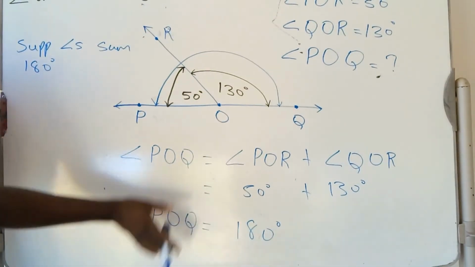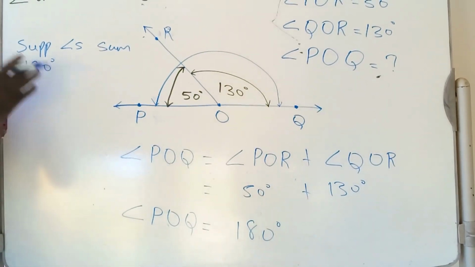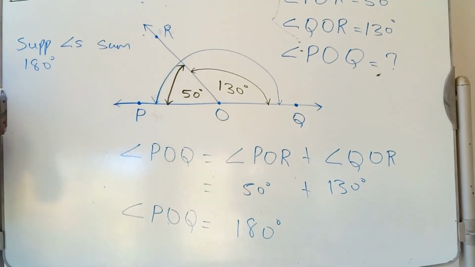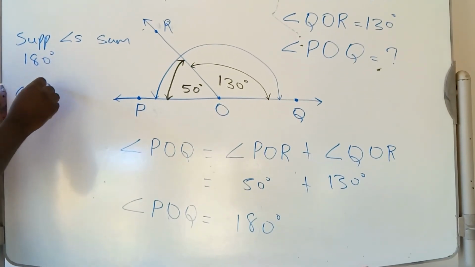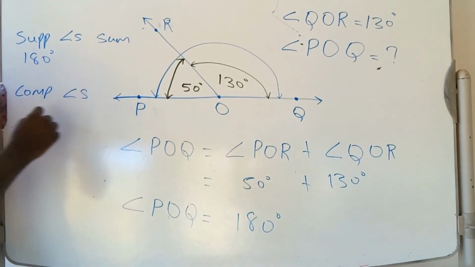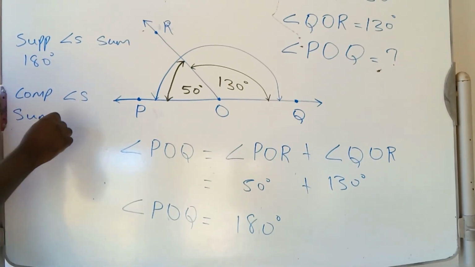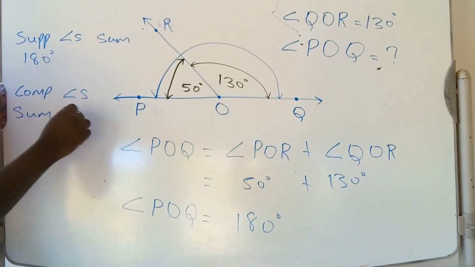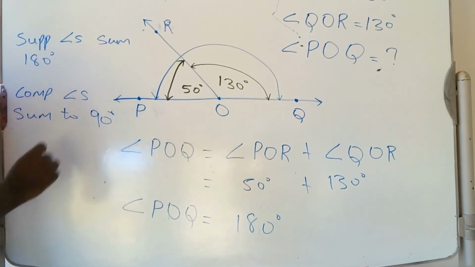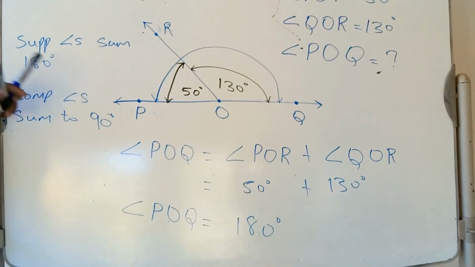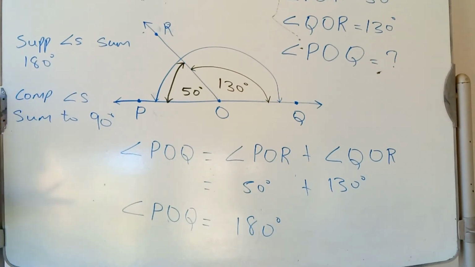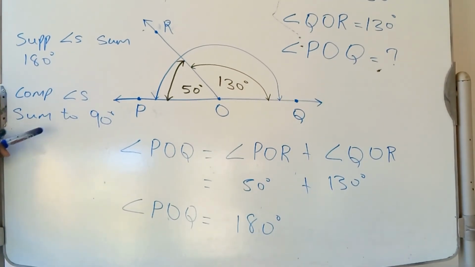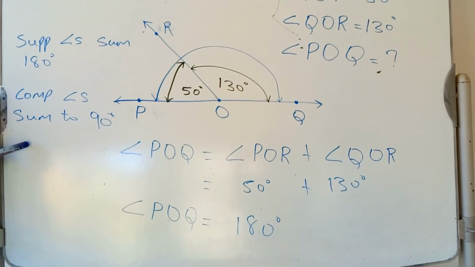From this experiment here, we could realize that supplementary angles sum to give 180. And also from the previous one, we could say that complementary angles sum to 90 degrees. Right? So anytime you have two angles that sum to 180, we call them supplementary angles. Anytime you have two angles that sum to give 90 degrees, we call them complementary angles.